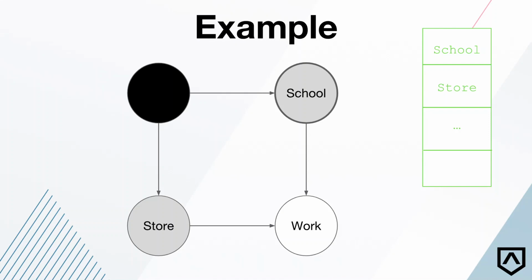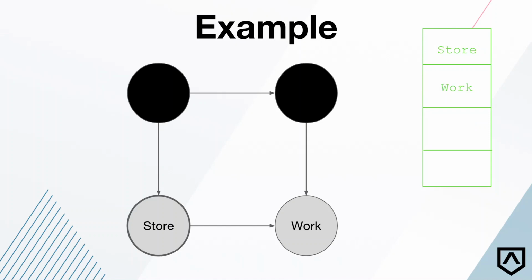It looks like there is one node adjacent to school that we have not scheduled yet. So that's the work node. So we'll go ahead and color that, add it to our queue. Now, because there are no other unexplored nodes around school, we get to go ahead and pop that off the queue. Okay. Same thing now, we're going to go check the top of our queue.